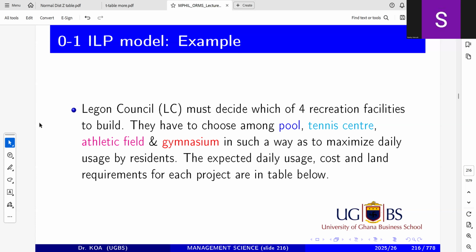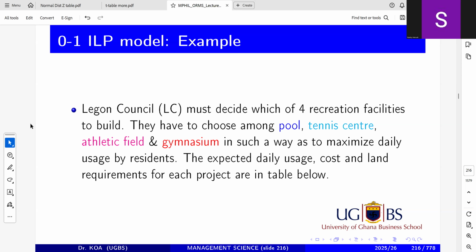But these are not events. These are not separate events. The construction of a swimming pool and that of a table tennis are not separate events. It's a choice event. It's not even an event. It's an action, because an event will have a lot of things inside it. So when you go to swimming pool, you are deciding whether to build swimming pool or not, forgetting about all the others.